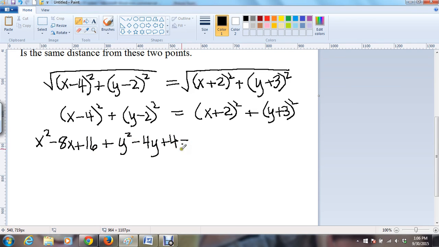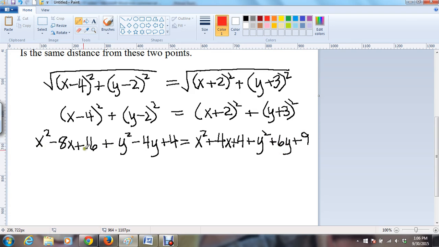And that is equal to x plus 2 quantity squared, which is x squared plus 4x plus 4, plus y plus 3 quantity squared, which is y squared plus 6y plus 9. Okay, so we've got all this stuff, and fortunately some of it cancels out.